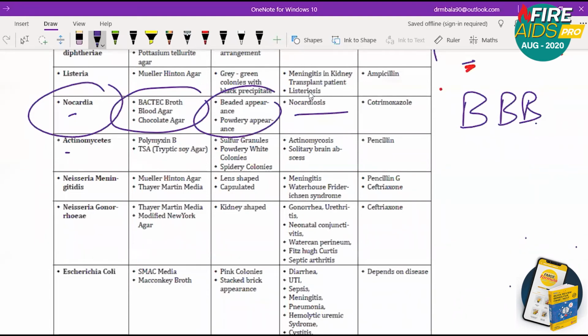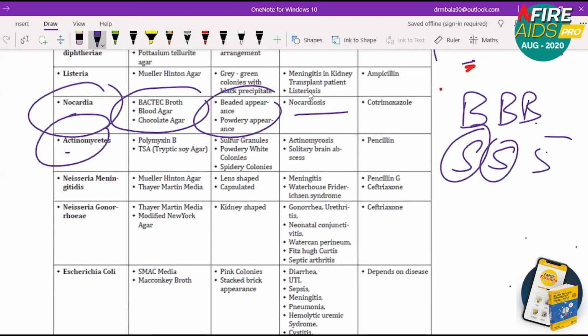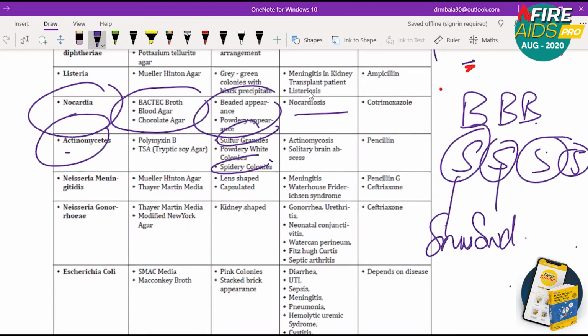Next is Actinomyces. For Actinomyces you must remember sinus swelling, sulfur granules, and spidery colonies. These are important.